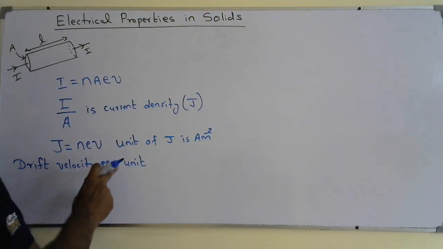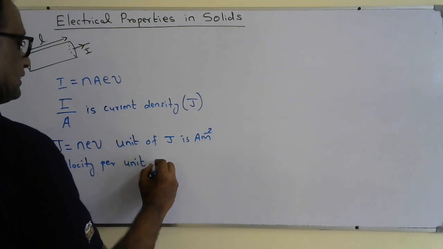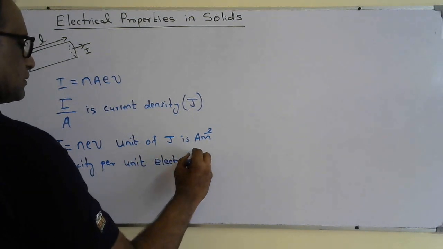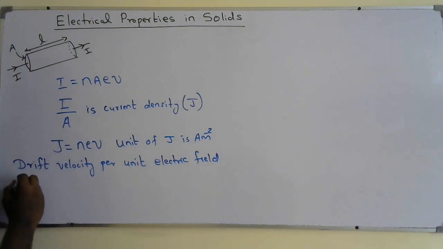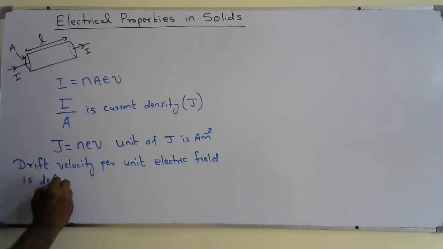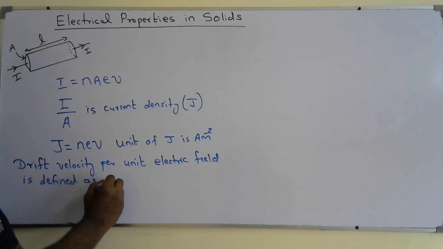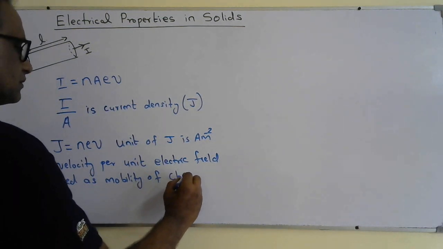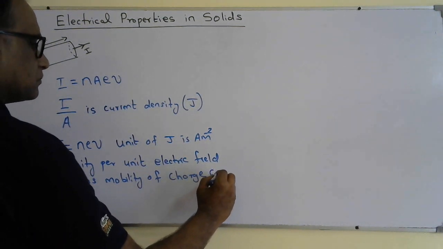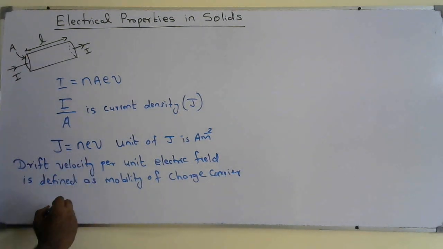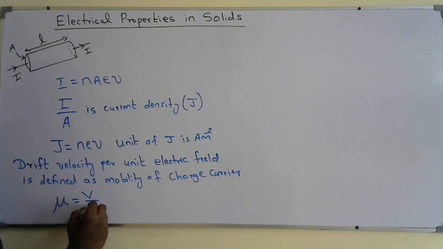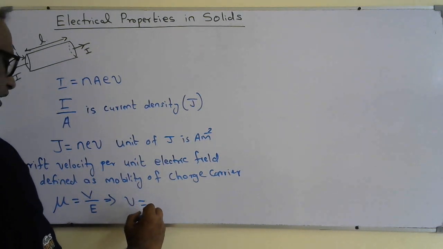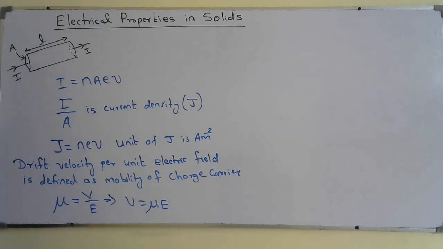So drift velocity per unit electric field is defined as mobility of the charge carrier. So mobility, denoted by mu, is equal to v over E. That means I can say the drift velocity v equals mu E.